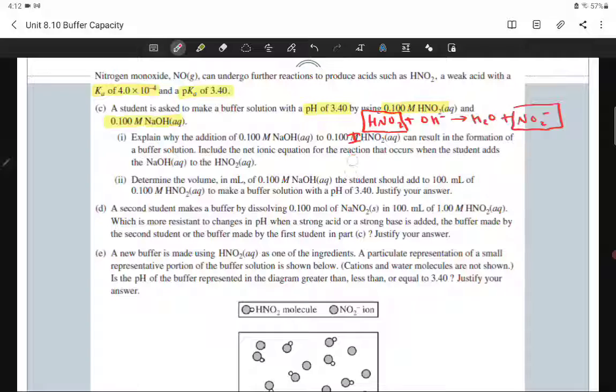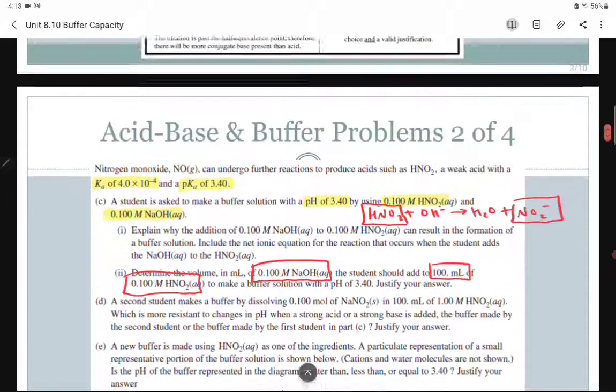So to make this, so we have equal amounts of HNO2 and NO2 minus, we need to get to half.